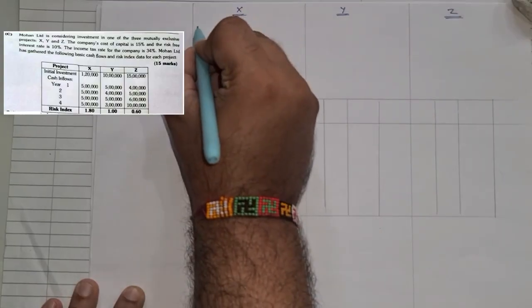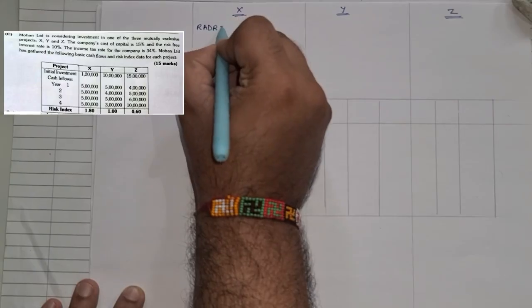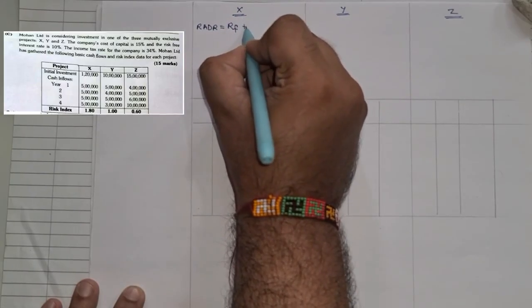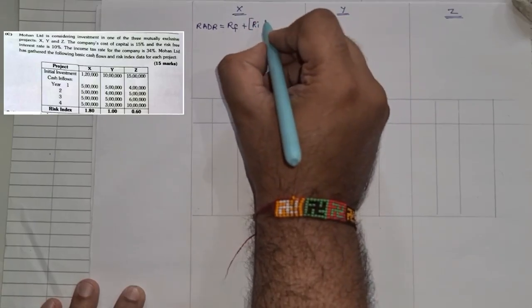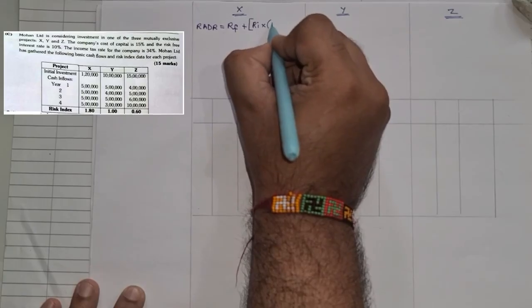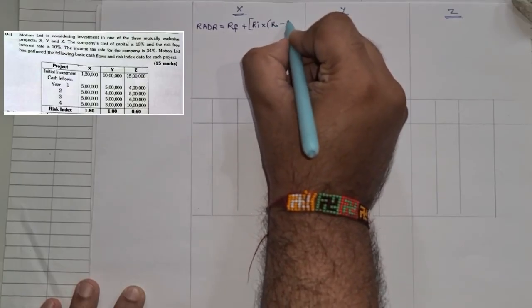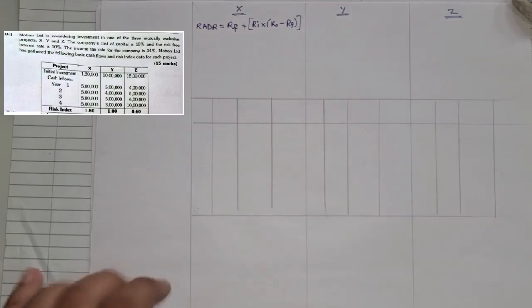The very first thing we need to find is the risk adjusted discount rate. The formula will be RF, risk free return, plus the bracket RI, that is risk index, into cost of capital minus risk free return. That is the formula you have to use first.